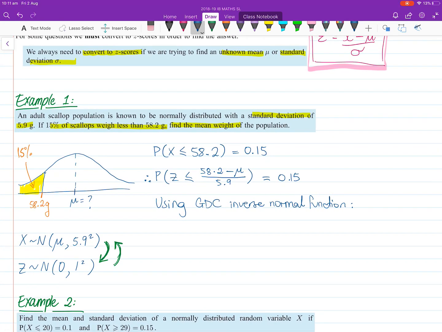Okay, and we're going to do it for 0, 1, okay, and what happens is you're going to get a value for this. Let me write it down. It should be on the calculator approximately negative 1.0364. Okay, and then now it's just rearranging, like figuring out a normal equation.